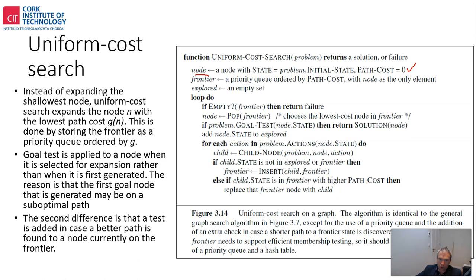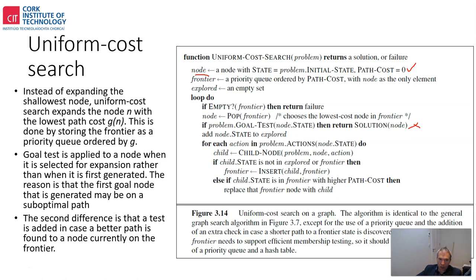But because we have our root node in at the moment, then it is not a failure. Node pop frontier, so it chooses our lowest cost. We only have one, so we pick it. If problem goal test node.state, return solution. It's not our solution, we don't return. Add node.state to explored. So now we know what Arad is or whatever.